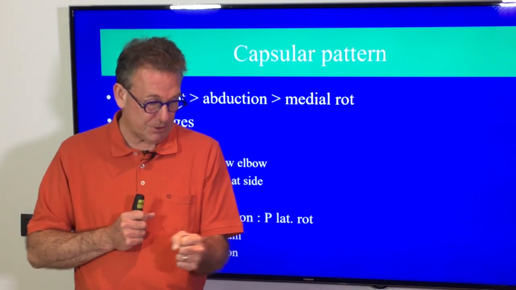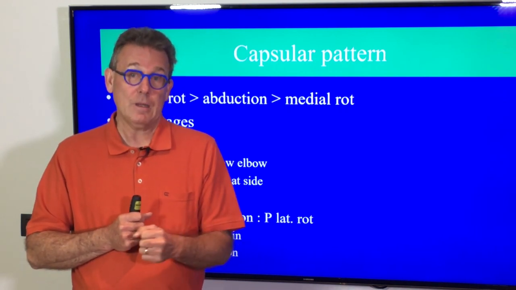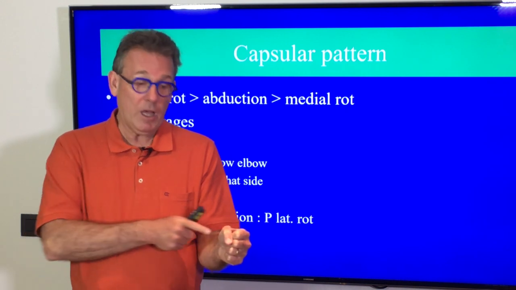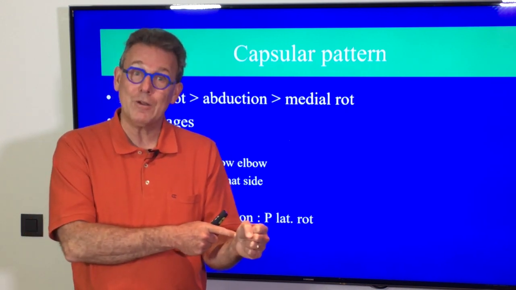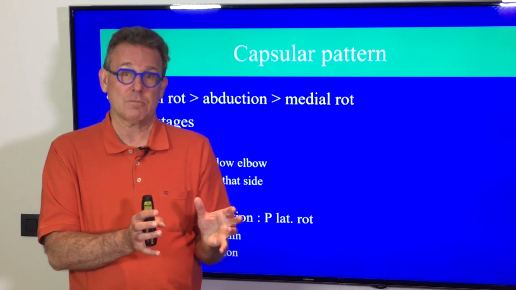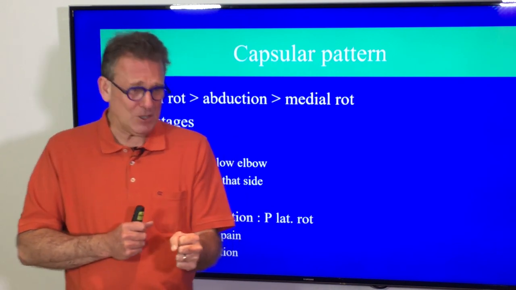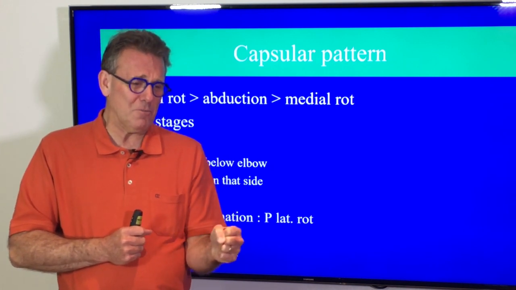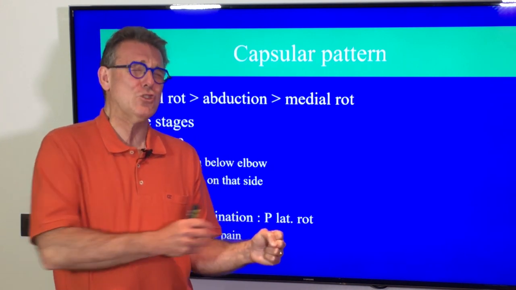Remember, lateral rotation limited. What could you find? You could find a limitation, and if you try to go further, then you get some muscle spasm. Or it's really painful. Oh, stop.